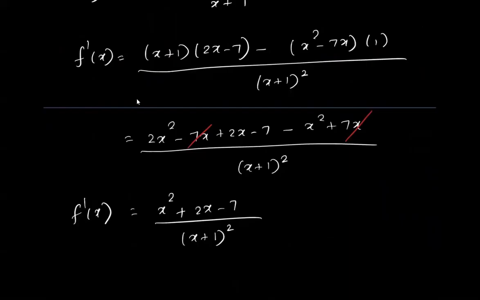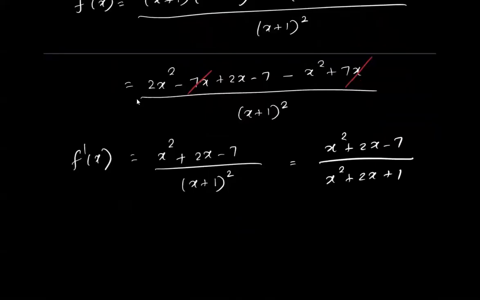Now, you don't know the chain rule or anything yet. So what I'm going to do is expand my denominator. I usually never expand my denominator, except in this case, because I need to find the second order derivative. Okay.